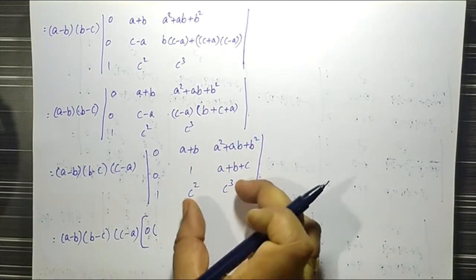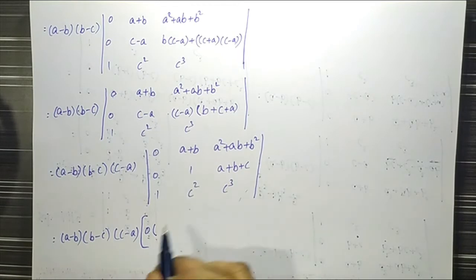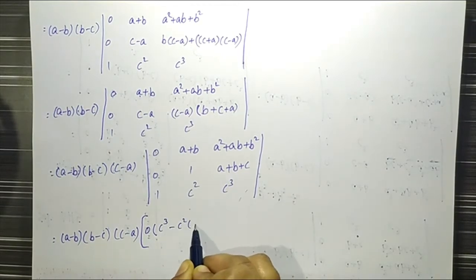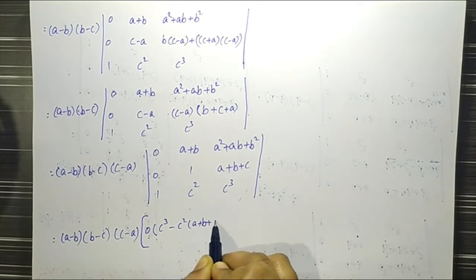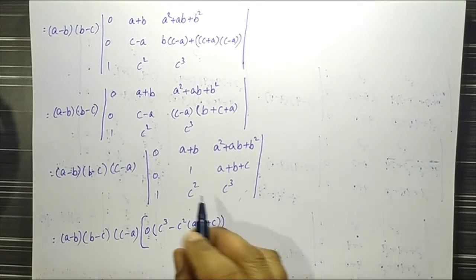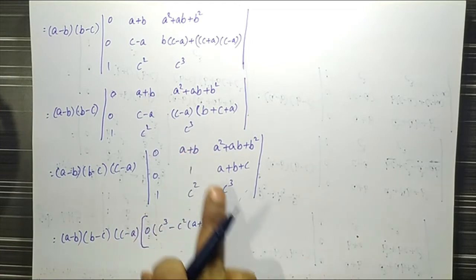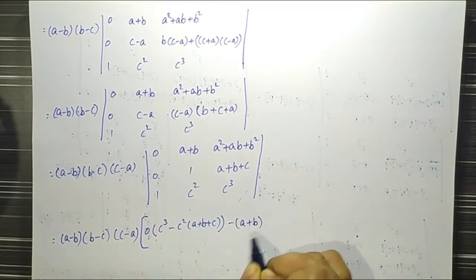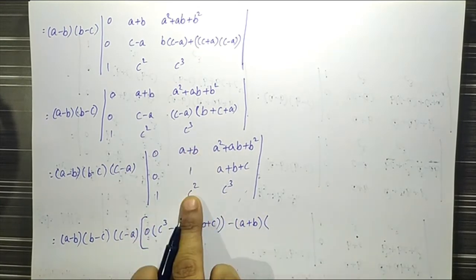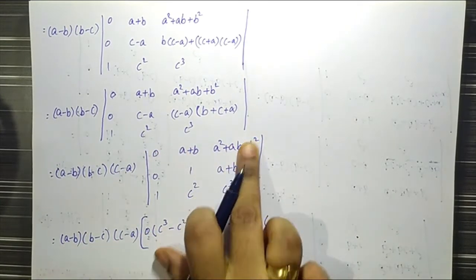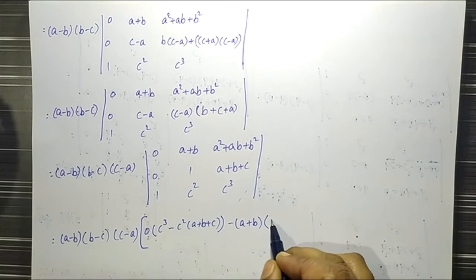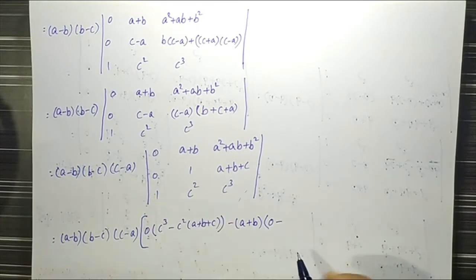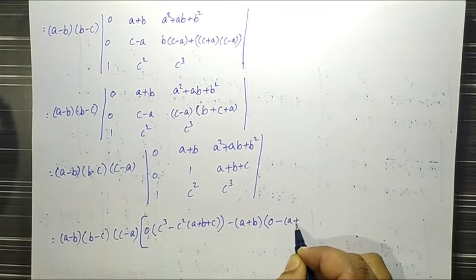This modulus value is calculated: 1 into c cube minus c square into a plus b plus c. That is the first term. In the determinant, the second term will be minus of a plus b into, this row would be deleted, 0 into c cube minus 0, minus 1 into a plus b plus c, a plus b plus c.